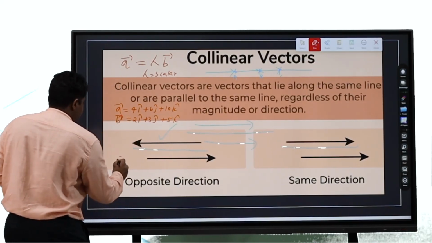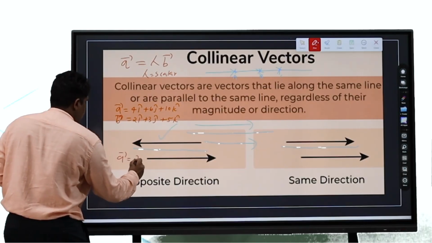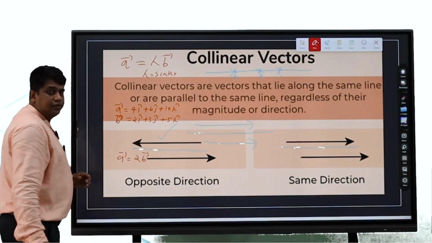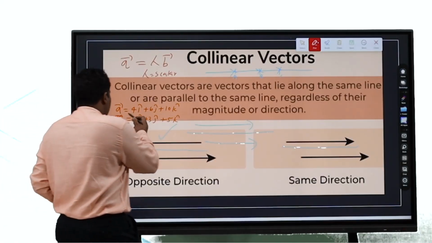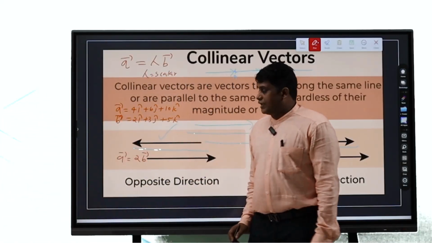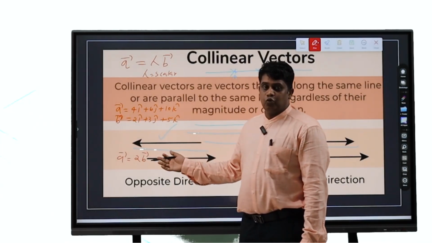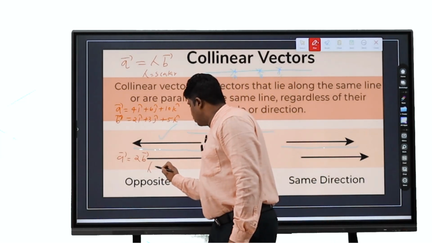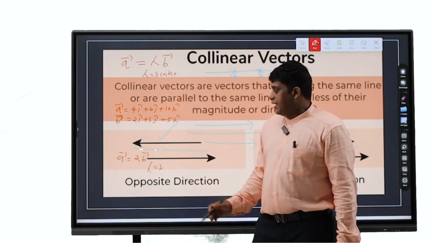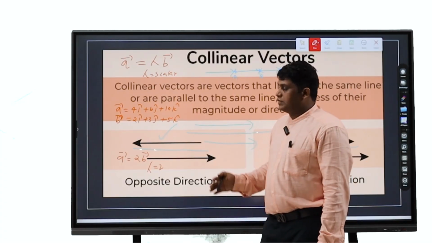Then we can write vector A is equal to 2 times vector B. Am I right? 2 into 2, 4. 2 into 3, 6. 2 into 5, 10. That is why A vector is equal to 2B vector. Here lambda is equal to 2. That is why A and B are collinear vectors.